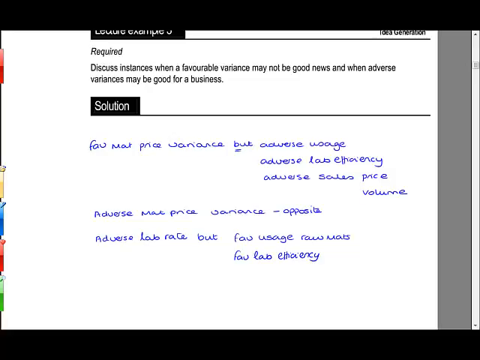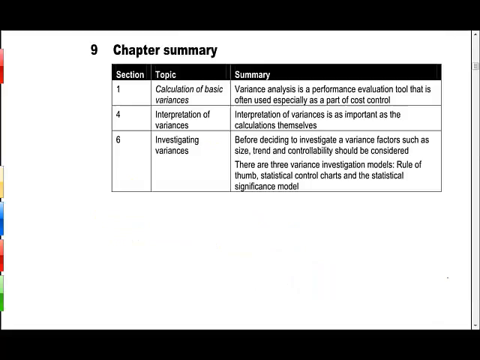More expensive staff having a higher skill could be able to use their time more efficiently, and that could result in a favourable sales price and or volume. So it's important then that you think about, again, the interdependence and the interrelationship between your variances.